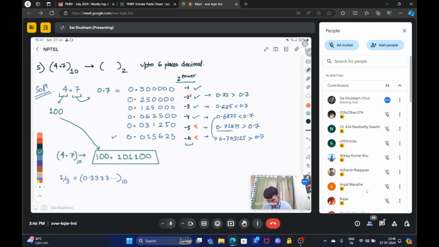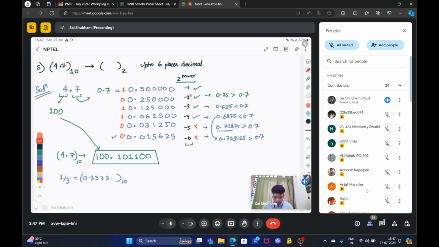Is this clear? You had the contribution from 0.5, so it takes 1. You had no contribution from 0.25, so it will be 0. You had contribution from these two, so 1 1, and no contribution from the following two. Okay, so this is how you convert.